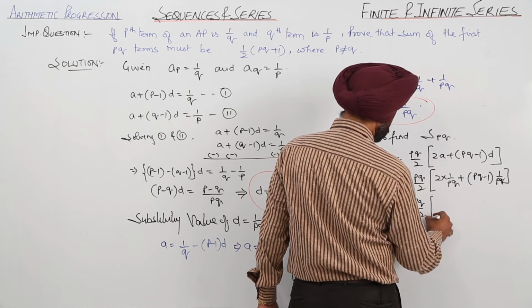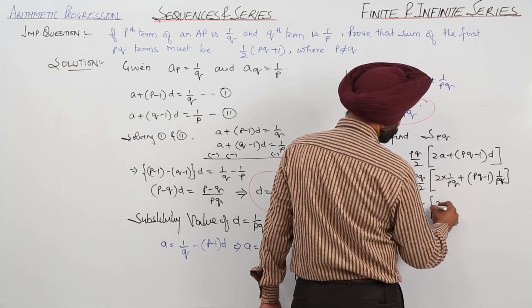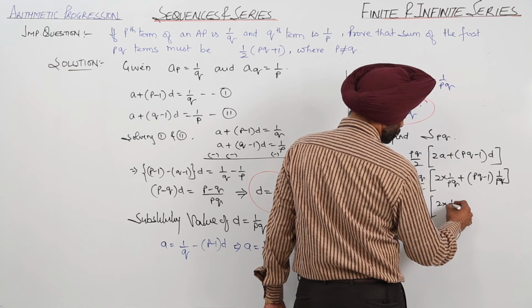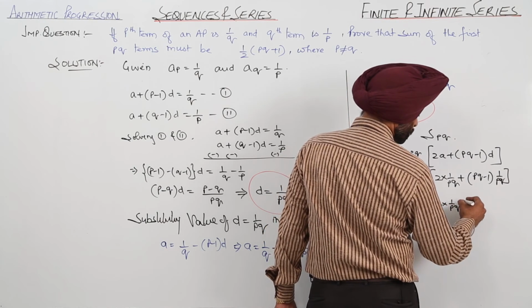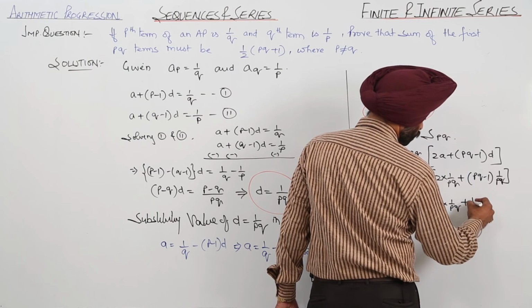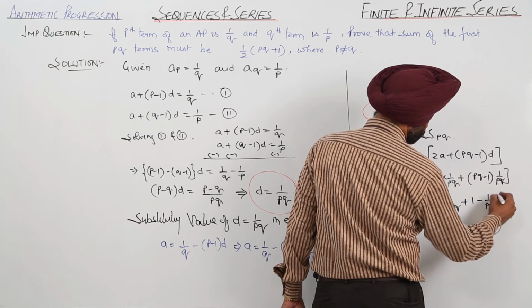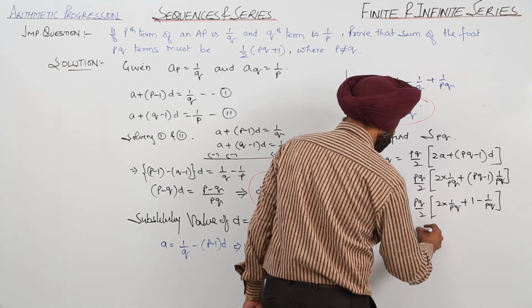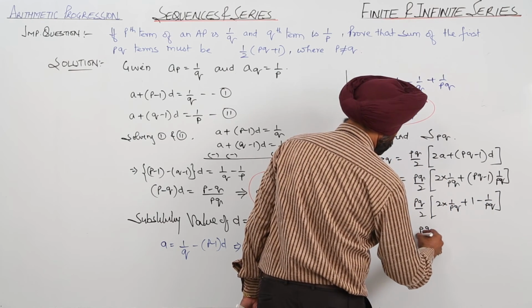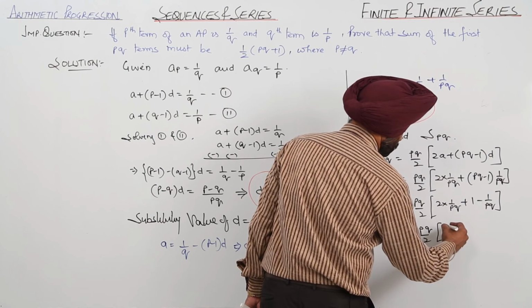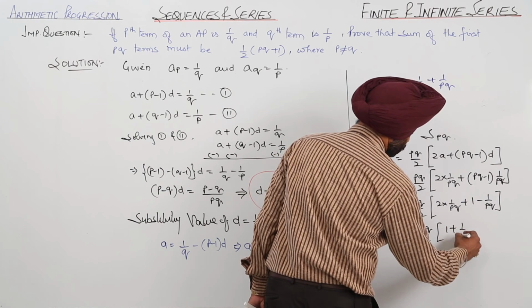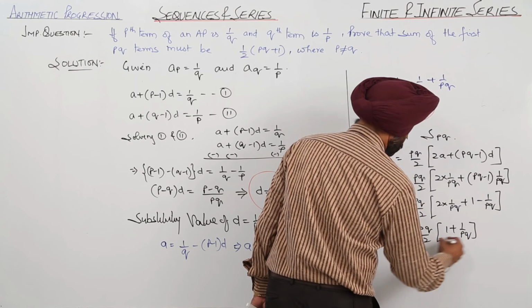That is pq upon 2 times (2 times 1 upon pq plus 1 minus 1 upon pq).